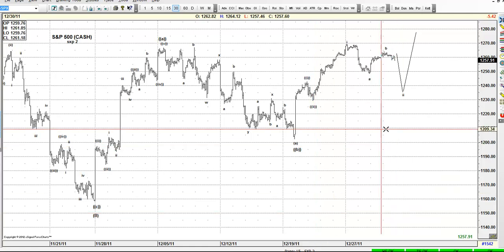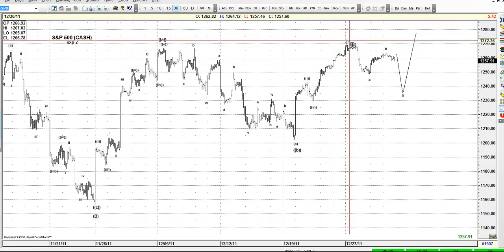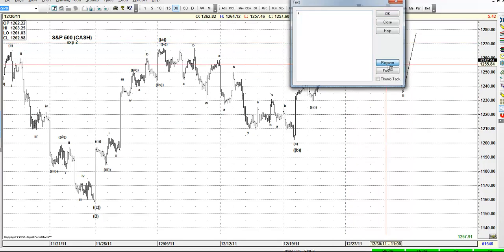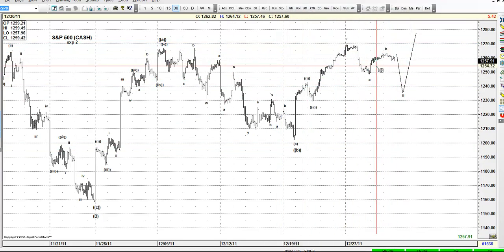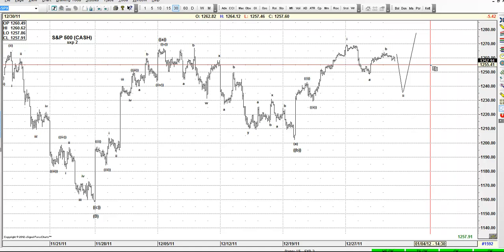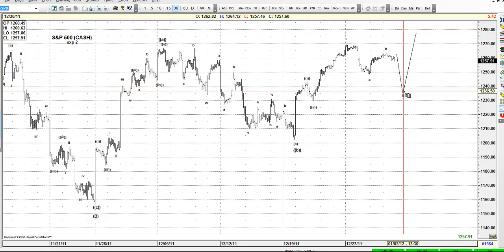Now let's start with the S&P and try to get an idea what this market can be doing. Okay, S&P. Same situation, the S&P was closed today. Everything's going to get back to normal tomorrow, and what we are expecting on the S&P is a down day tomorrow.